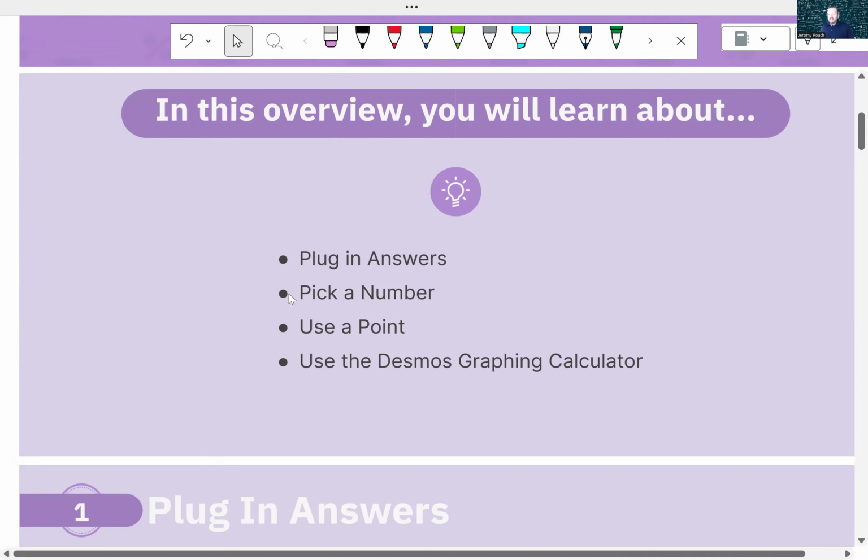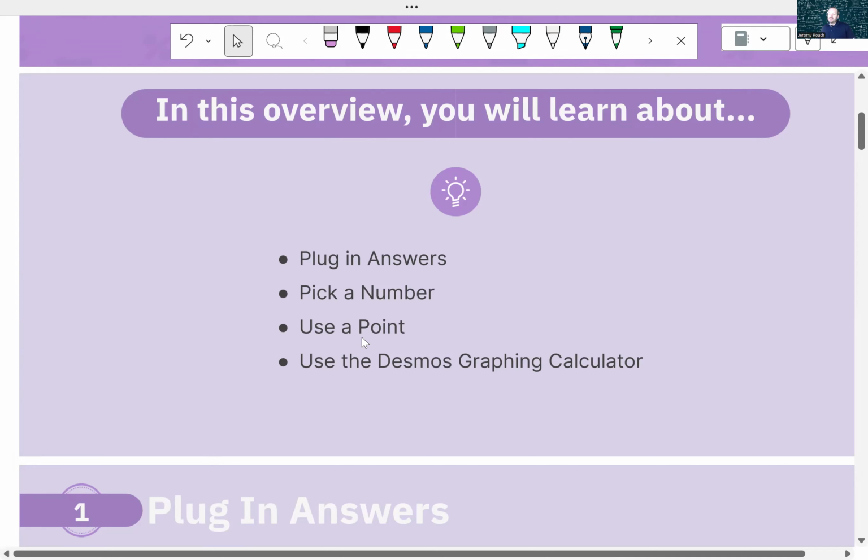I would suggest not using 0, 1, or 2 for picking a number. 3 would probably be a good idea. 5 is usually an easy number to work with. You can think in multiples of 5 a little bit easier. So that's a number you could use. If we're talking about tables or graphs, you can use a point.